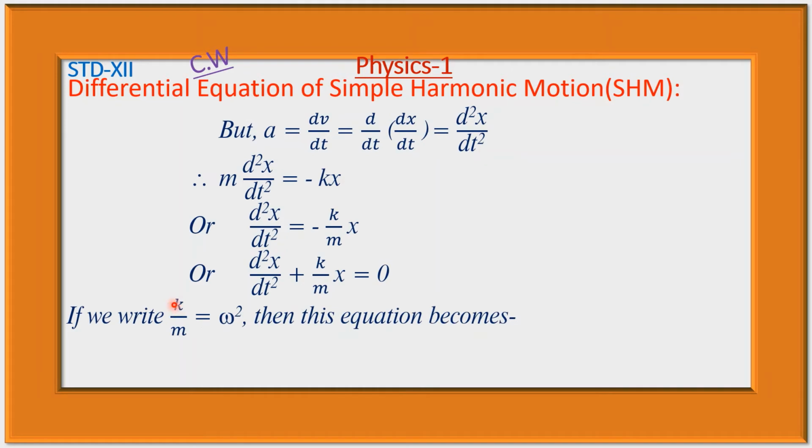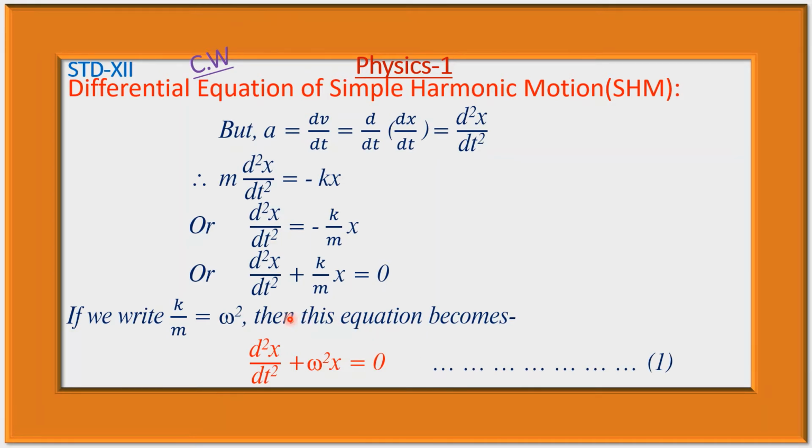If we write k by m is equal to omega square, then this equation becomes d square x by dt square plus omega square x is equal to 0. This is the differential equation of simple harmonic motion.